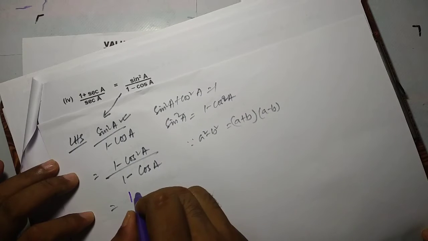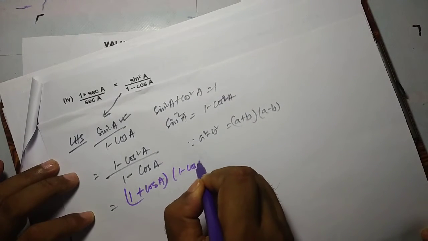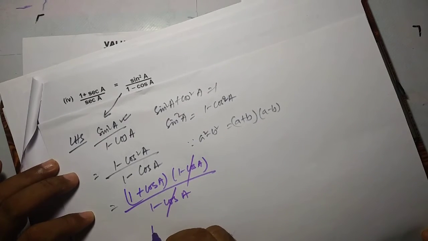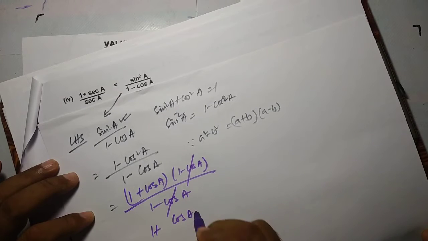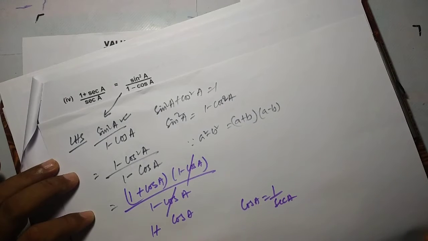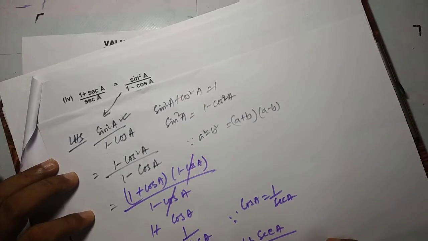So this will be (1 plus cos A) whole into (1 minus cos A) over 1 minus cos A. So 1 minus cos A is neutral, so 1 plus cos A. So you can write cos A equal to 1 over sec A. So this is sec A LCM, plus 1 over sec A, or you can write 1 plus sec A over sec A. Proved.